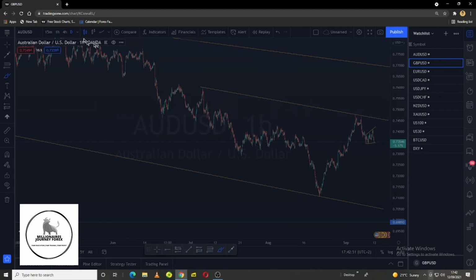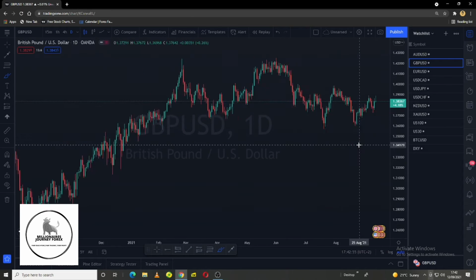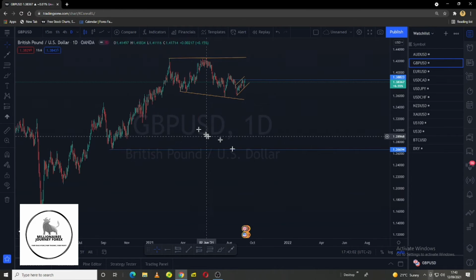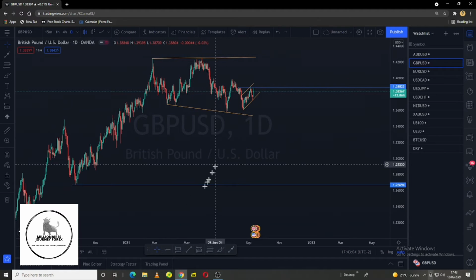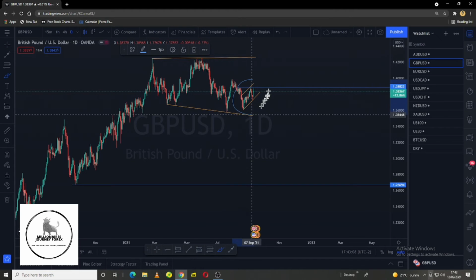Let's look at GBP USD. On GBP USD, we also have an ascending channel which notifies us that we might be looking to be selling this pair, right?